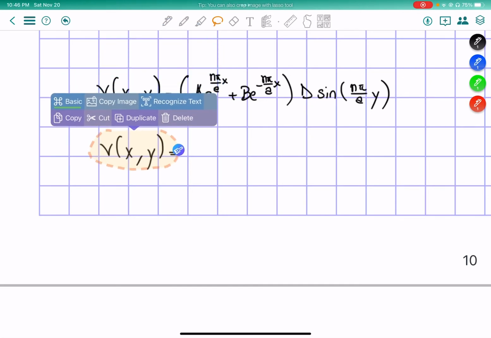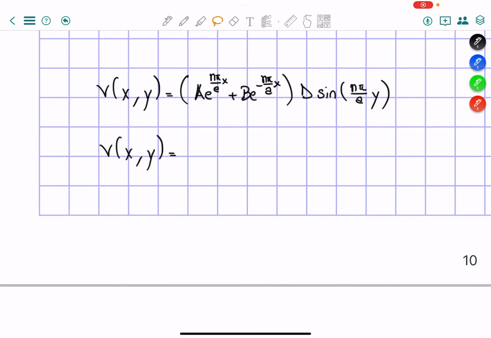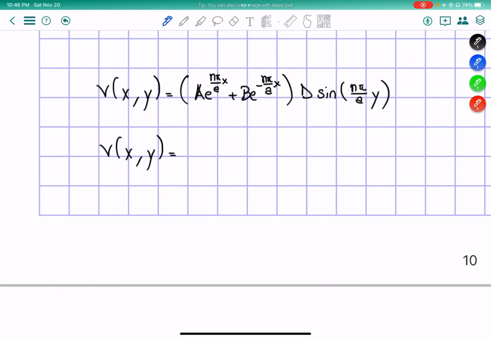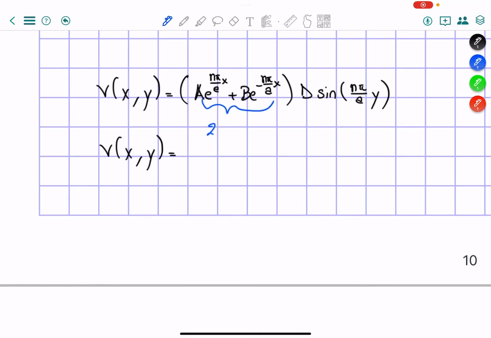So first of all, I can identify this part right here and say that it's actually equal to 2 hyperbolic cosine of n pi over a x. So I can rewrite this as 2 hyperbolic cosine of n pi over a x times d times sine of n pi over a y.